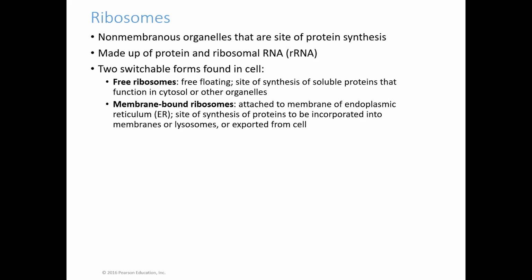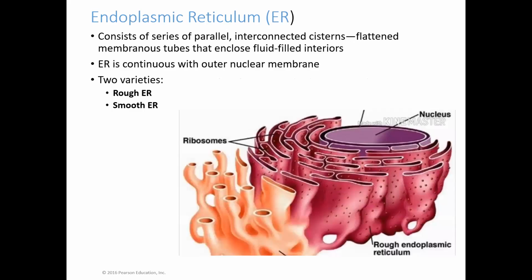We say these are bound ribosomes. Free ribosomes, which aren't nearly as many, are going to be around to make proteins in the cytoplasm itself. Most of our ribosomes we consider are going to be bound to the ER.